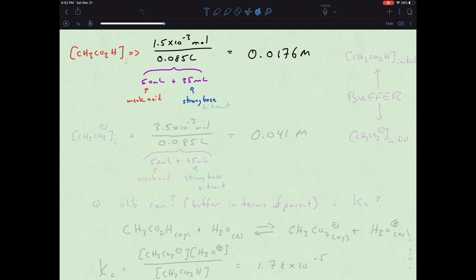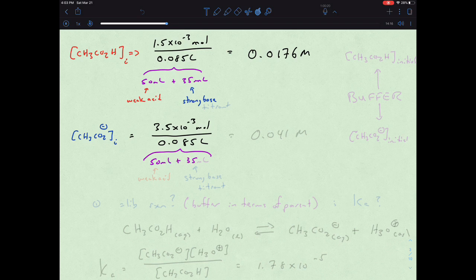And we can do the same thing for our acetate initial, which would be equal now to its mole value of 3.5 times 10 to the negative third divided by that same volume of 0.085 liters. And that comes from the same idea, right?